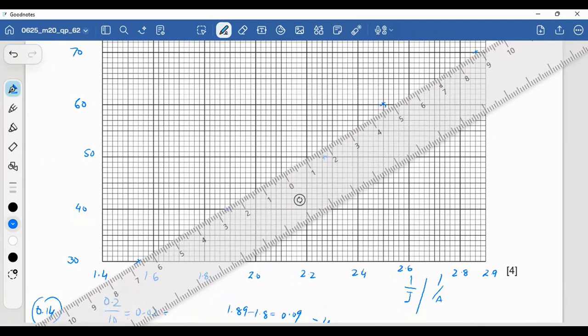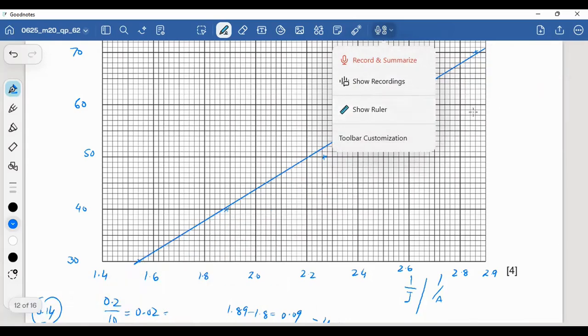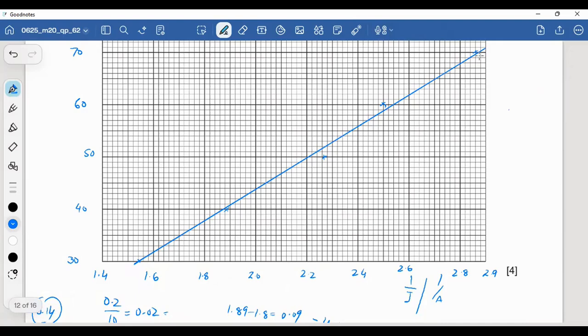I'm going to mark the line here. This is my best fit line. That is the best fit line for my question.